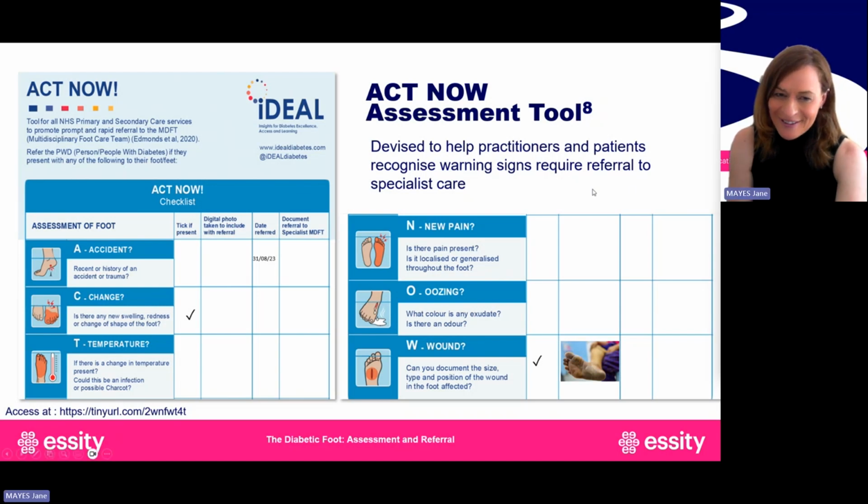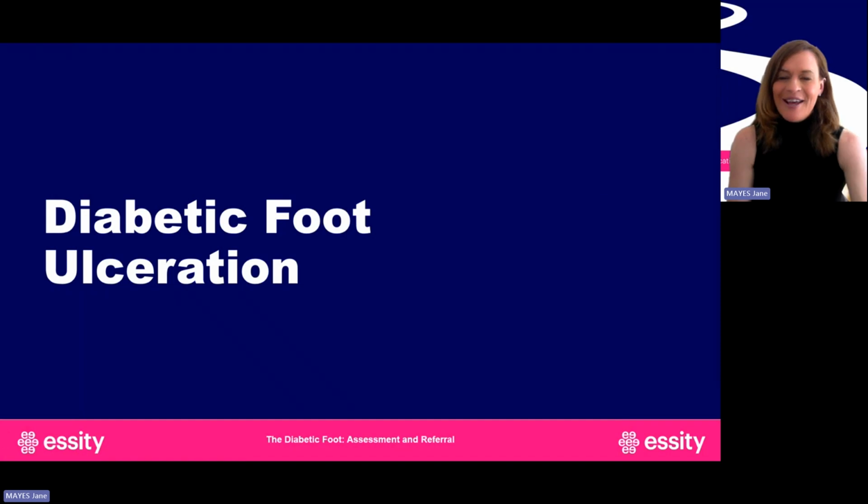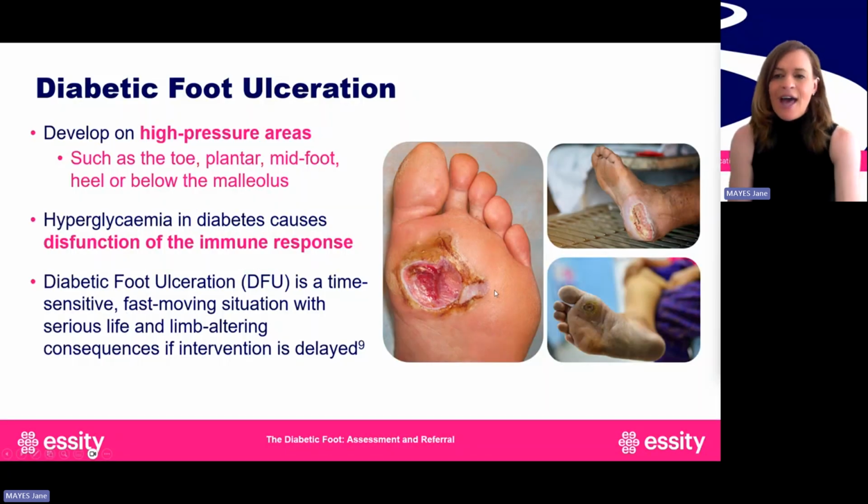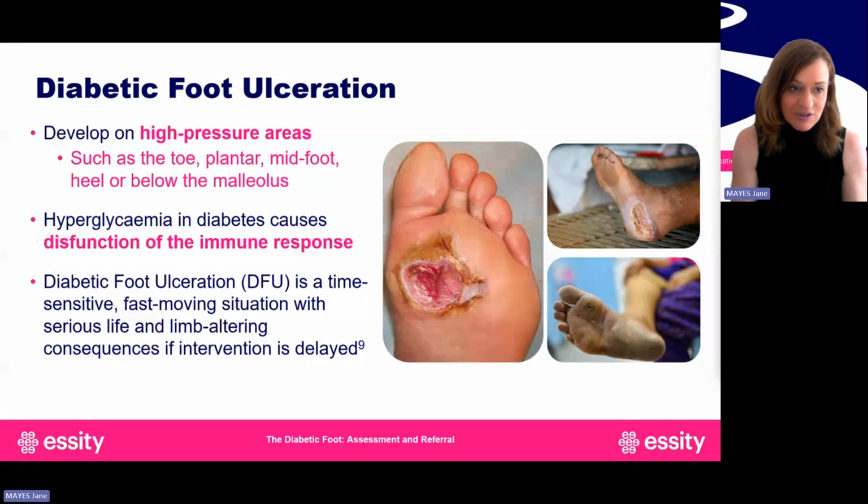So now looking at those patients and the risk of amputation, diabetic foot ulceration. Why are we here today? We're here today to look at how it occurs and what causes it to occur. I want to take you back to that little slide that I put up, where I talked about high blood glucose levels damaging the vascular system, the circulatory system.